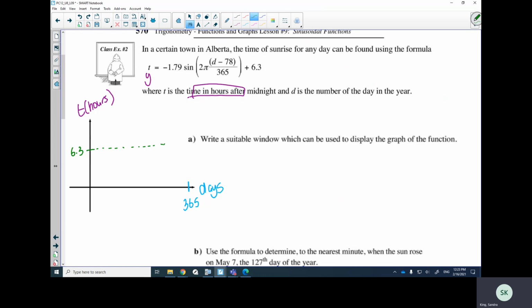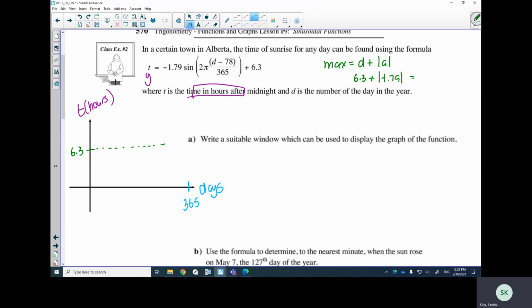If I said, what's the max of this graph? Let's just do it off to the side. The max of this graph is the d value plus the absolute value of a. So the max of this graph is going to be at 6.3 plus the absolute value of negative 1.79, which is 1.79.